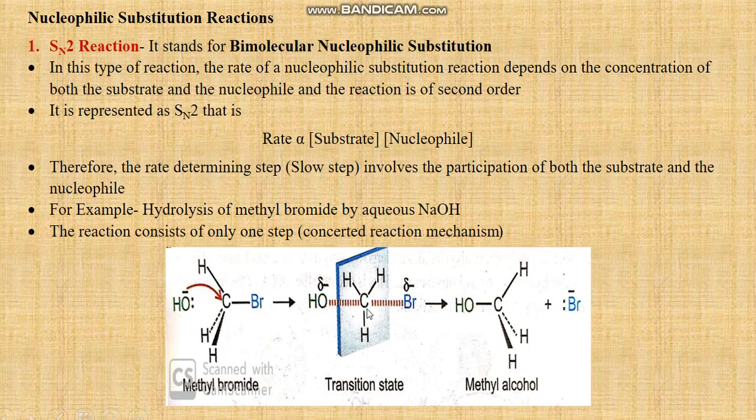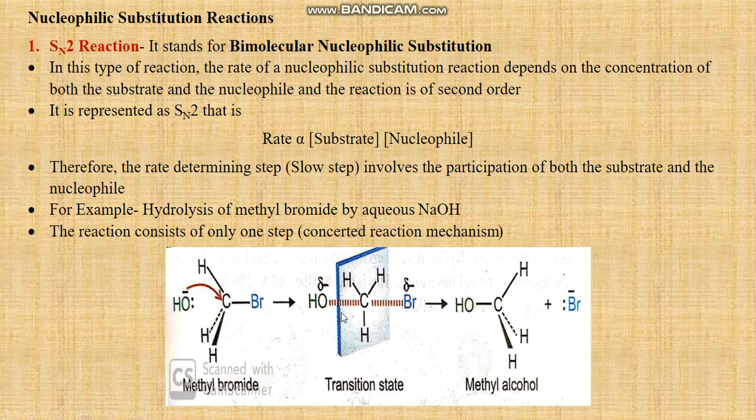At the same time, the bond between carbon and bromine atom starts to cleave, and bromine acquires a partial negative charge. Bond formation and bond breakdown both take place in one step, simultaneously. This type of reaction is known as a concerted reaction mechanism.